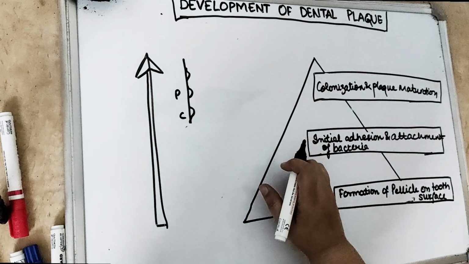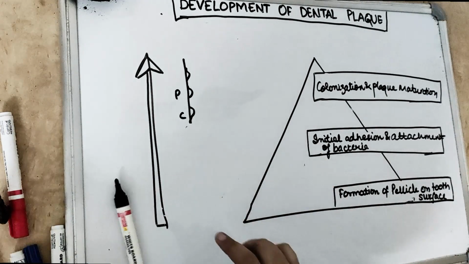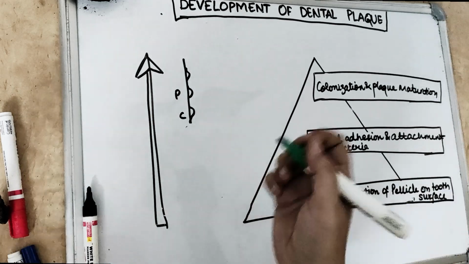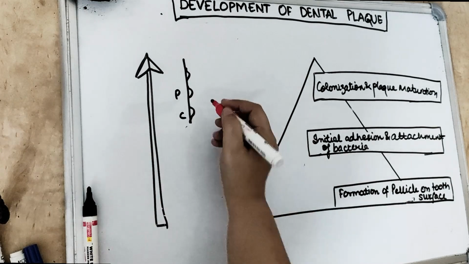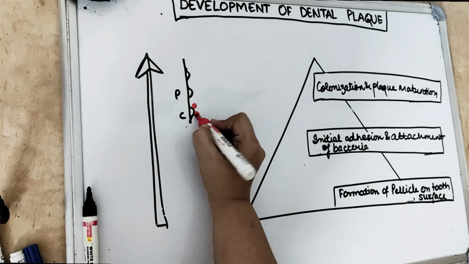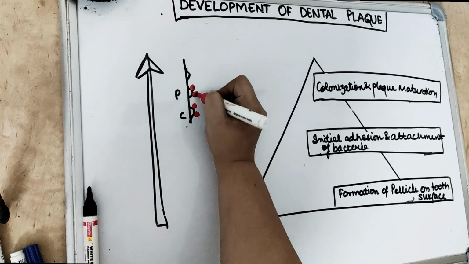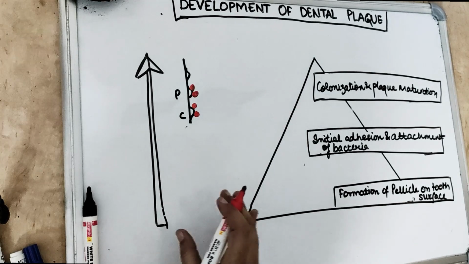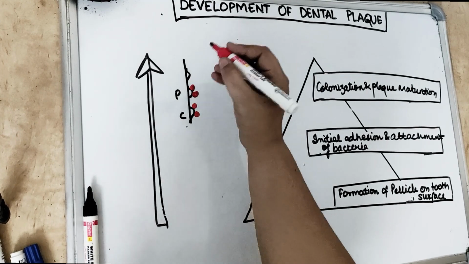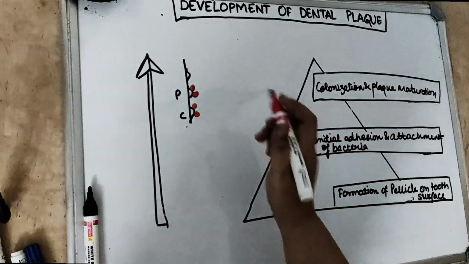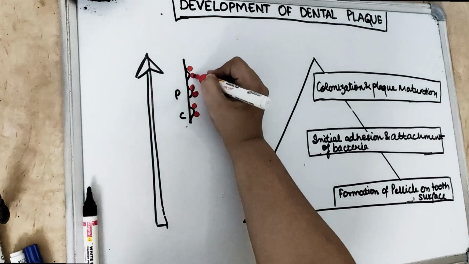The second thing is the initial adhesion and attachment of the bacteria. So there are some bacteria which come and initially attach to this pellicle. As we have already studied, plaque is a specific thing, so only specific bacteria can come and attach to it. So immediately the first bacteria which come are very specific bacteria.